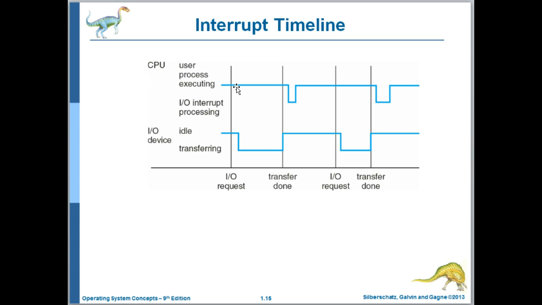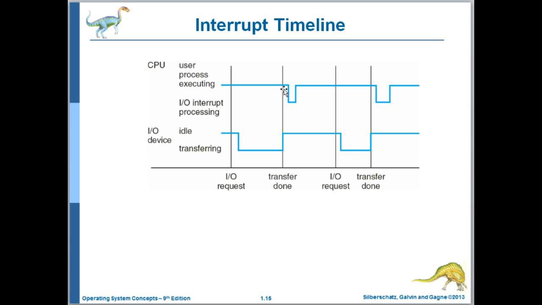Let's call that process B, and to keep things simple, we'll assume that process B is the only other process available to run, and it's not doing I/O, so it'll just run and run and run. At some later time, the disk drive will have completed the read, so it interrupts the CPU.